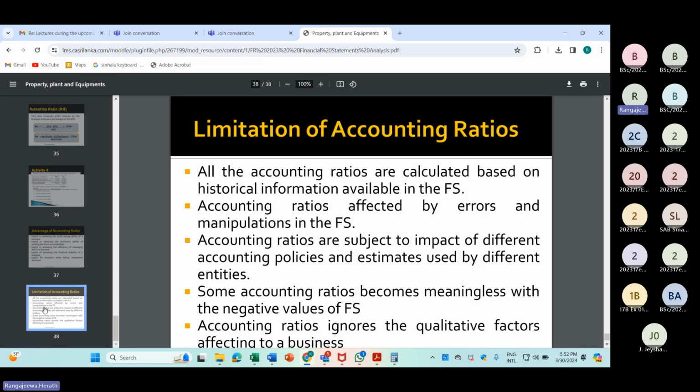Then in certain cases, some accounting ratios become meaningless with negative values. Especially when you calculate the interest cover ratio, EBIT divided by interest, if we have a loss before interest, then there is no point in calculating interest cover.